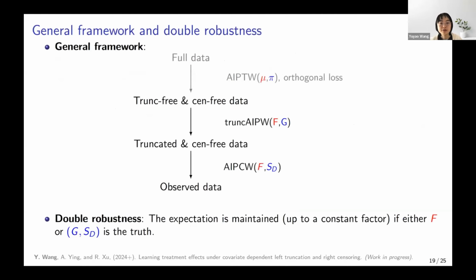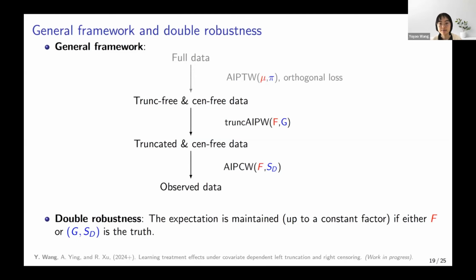With these doubly robust operators, our idea of handling the triple biases is pretty straightforward: apply the operators to address the different sources of missingness layer by layer. For example, we start with the estimand defined in the full data in terms of potential outcomes. Then we take the existing approach in the literature for handling confounding if there were no left truncation or right censoring.